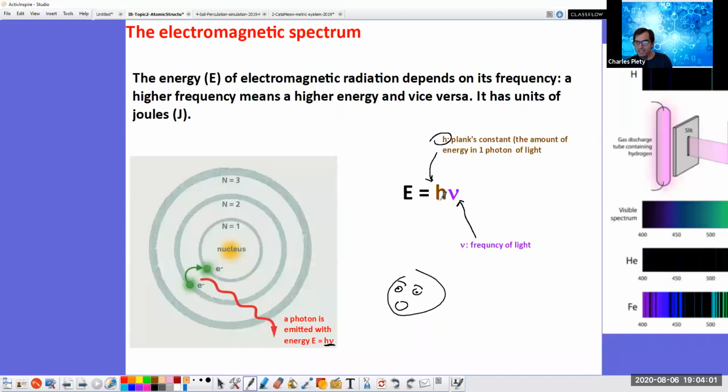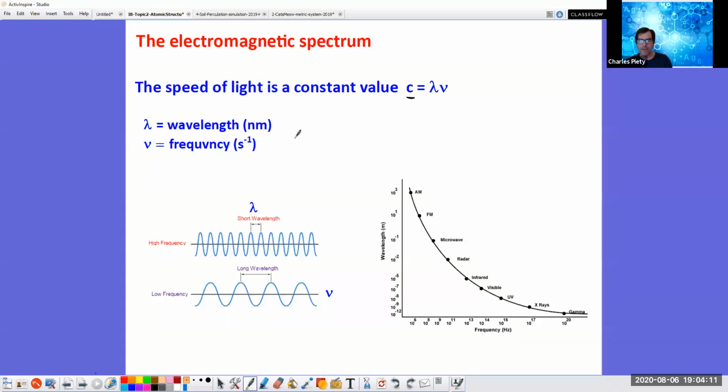This is a constant here, which allows us to relate energy to frequency, even though I have frequency spelled incorrectly. I know one of you guys caught that. Okay, this one is saying that the speed of light, which is c, you don't have to memorize these symbols. You will come to know them.